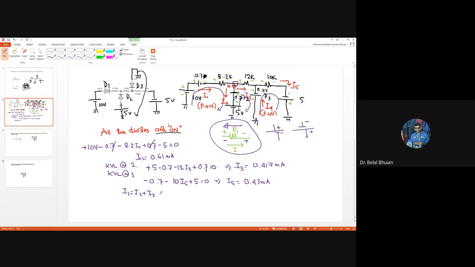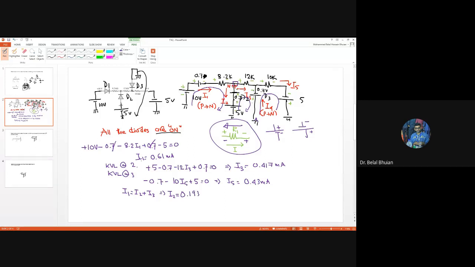What is I2 then? Sir, 0.193 milliampere. So I2 is equal to 0.193.